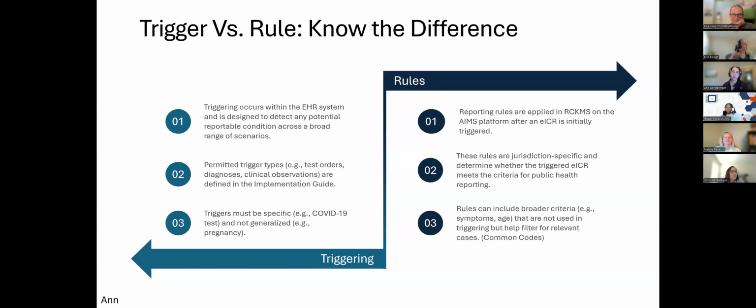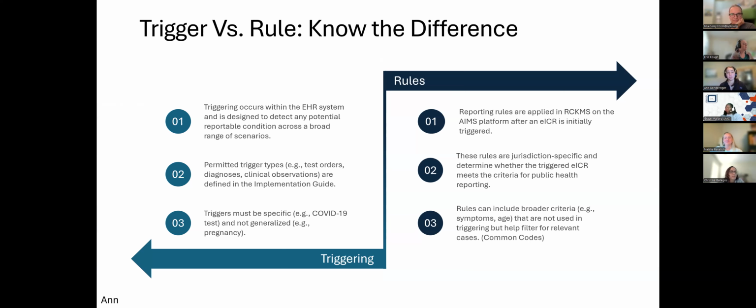So to hit home, one of the things we run into a lot with ECR is knowing the difference between triggering and rules. Natalie hit a lot of these already, but again, the triggers are within a healthcare organization's EHR system. They're permanent, so they have to be defined within the implementation guide. And the triggers are specific, as Natalie had mentioned. We can't trigger on pregnancy because it would be an insane amount of volume that would come through.